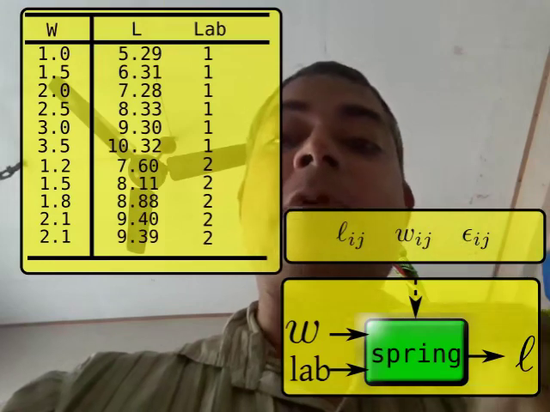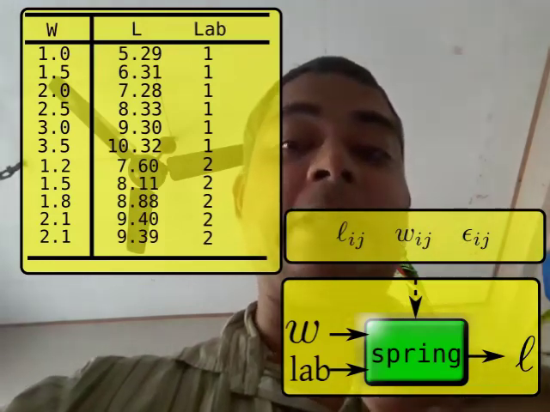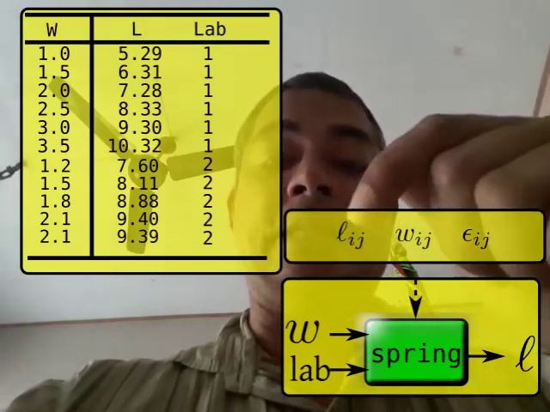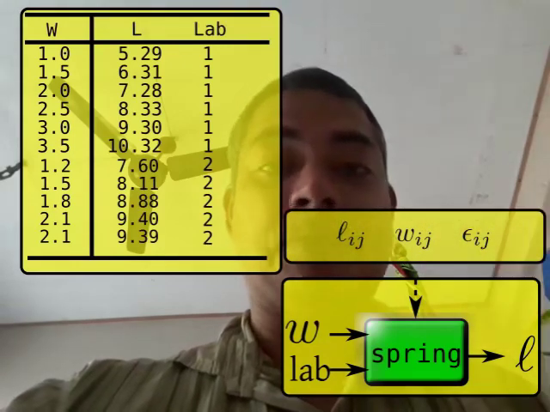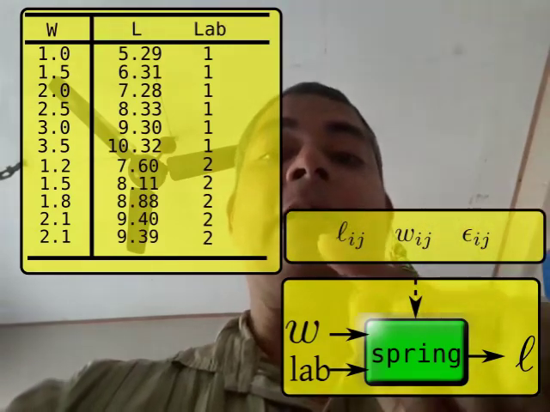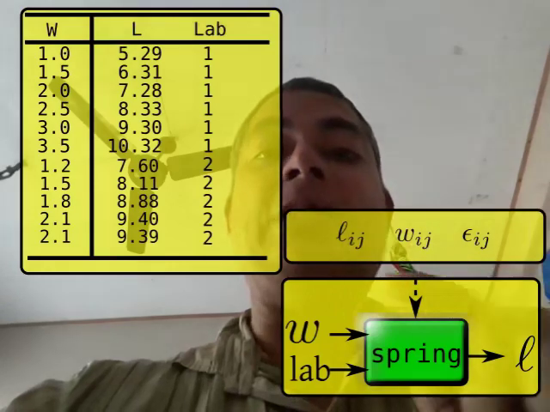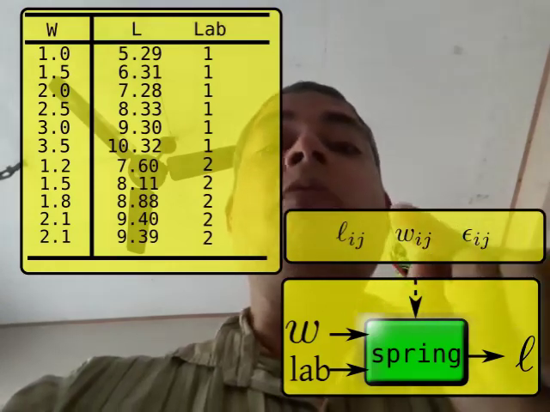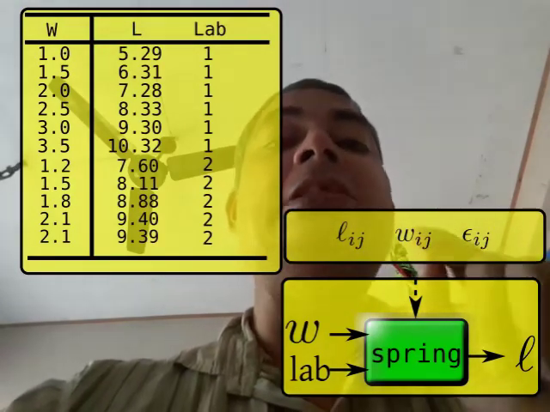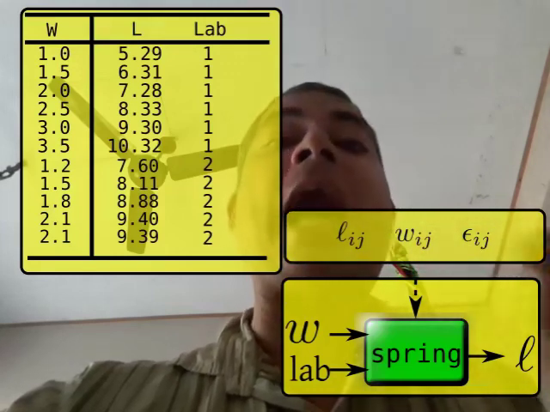In this case, I have got lab, that is a factor input, and I have dedicated the first index, i, to that lab. So here, for example, W_ij means the weight that you hung in the jth trial in the ith lab.